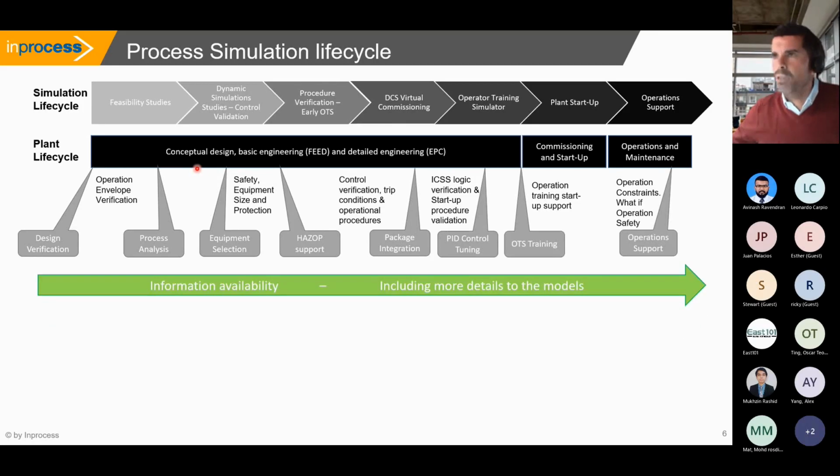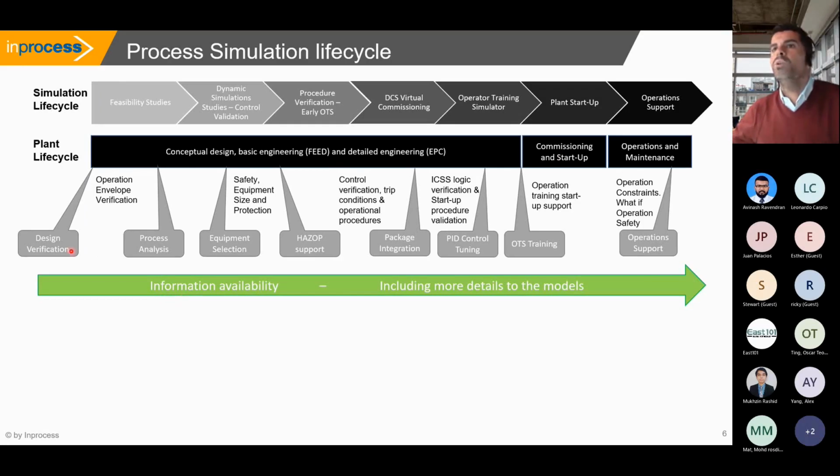So along the project execution from conceptual till the completion of the EPC and commissioning startup, what we are receiving from your side is different packages of information that depend, of course, on the availability of this information along the project execution.